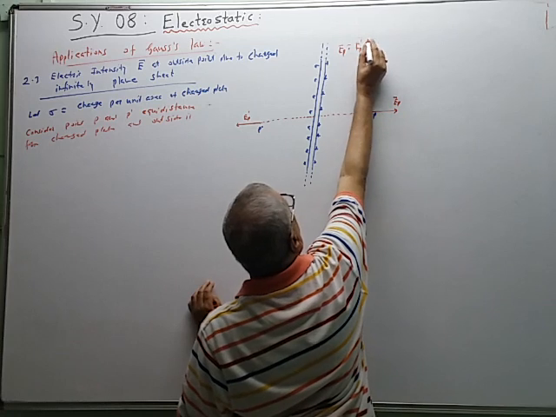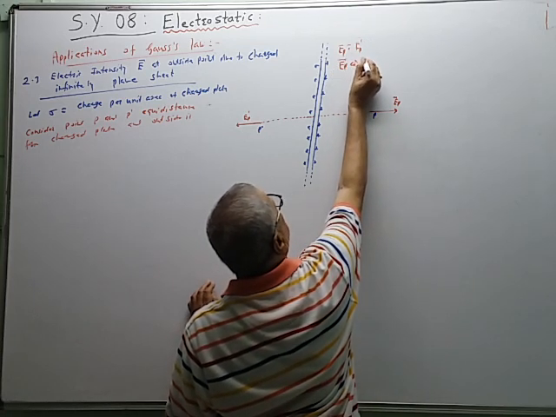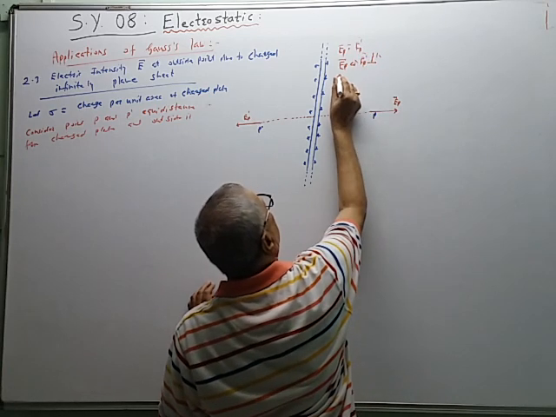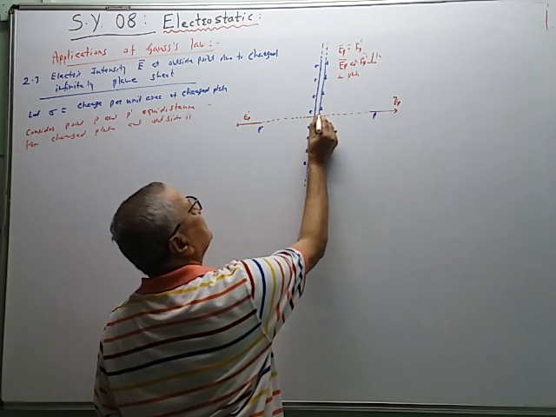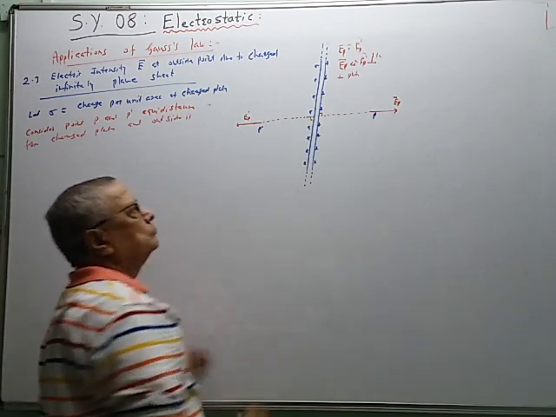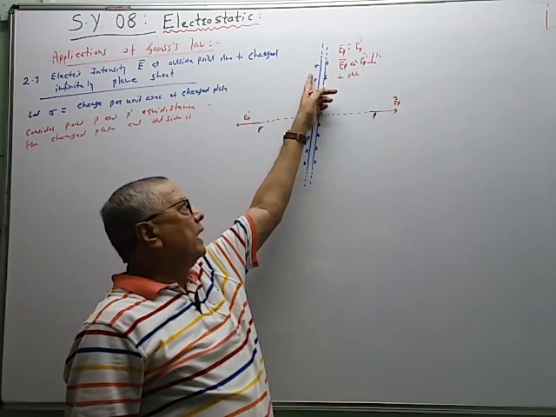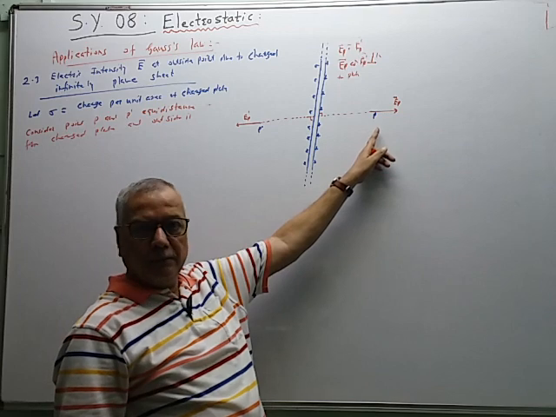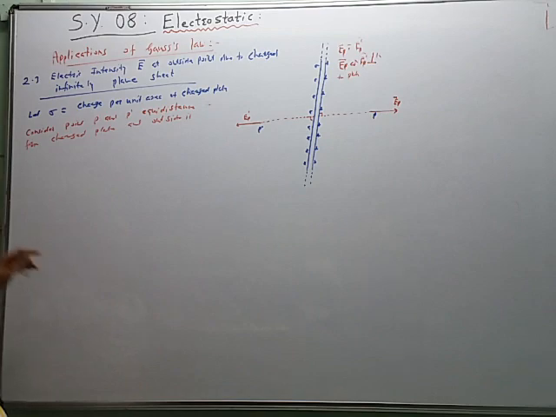Their magnitudes are equal, and EP and EP dash are perpendicular to the plane. This angle is 90 degrees, and this angle is 90 degrees. Why 90 degrees? Because charges are stationary. By the 5-star property, as long as charges on the conductor are stationary, the intensity is always directed normally away. We proved this property last year, not directly. So we know the direction.